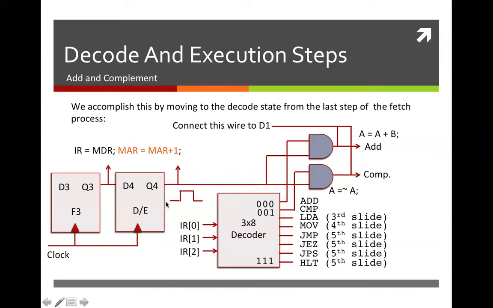What is happening here is that now that we have gone to the point where we want to copy MDR into IR, and for that we need a clock cycle to elapse. That happens, and by the time we get here, we do have our IR hold the instruction. So this is really where we have the instruction in the IR right here.